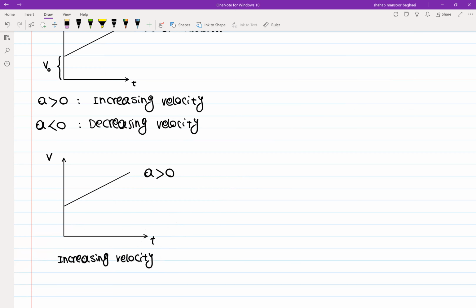Similarly, if you have negative acceleration, it's similar to mathematics. You have a descending graph. Okay, so let's plot it. Independent variable is t. v should be vertical.